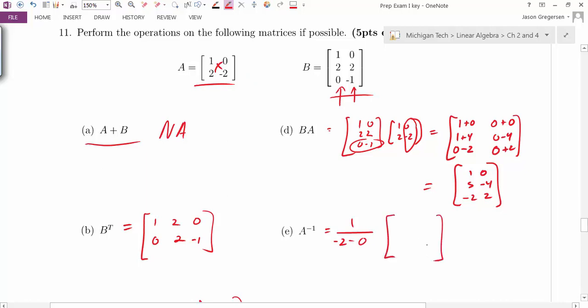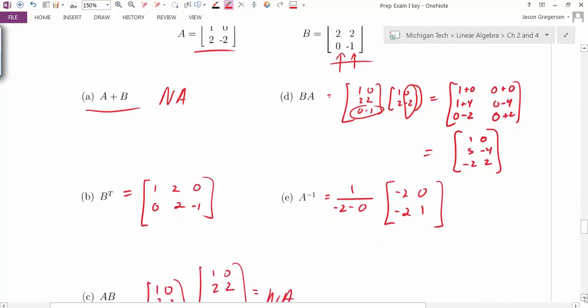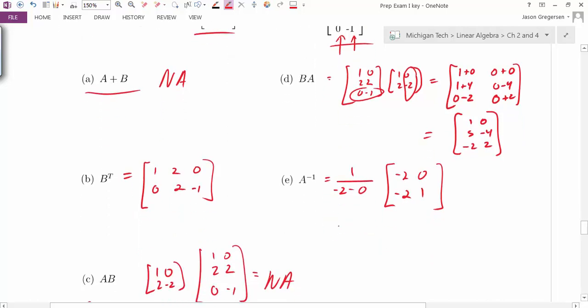And then times a matrix that looks like A, but where the values on my main diagonal are switched, and for the values on my off diagonal, I have a sign change. So that's my formula for the inverse of a 2 by 2. I'll simplify this a little bit. It looks like this is negative 1/2, and if I multiply my matrix by negative 1/2, I get 1, 0, 1, and negative 1/2.